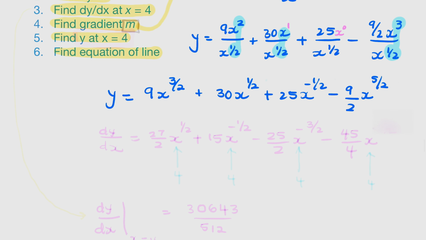So we can now write dy by dx equals, now we're going to differentiate each term, so that involves multiplying the power by the coefficient and then subtracting 1, multiplying the power by the coefficient and subtracting 1, and so on.